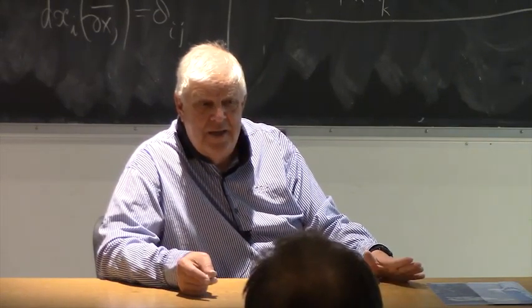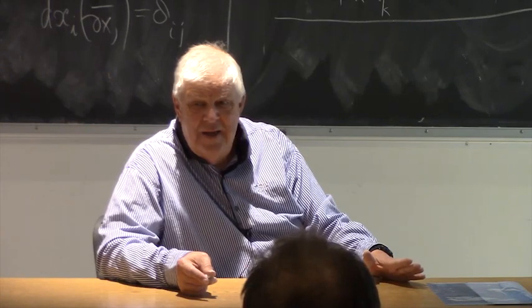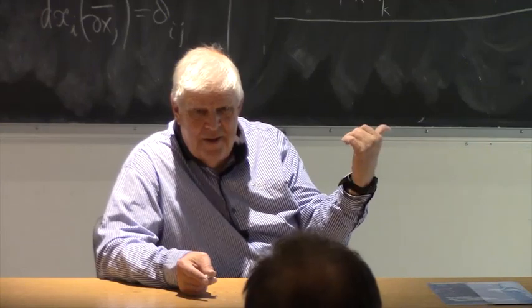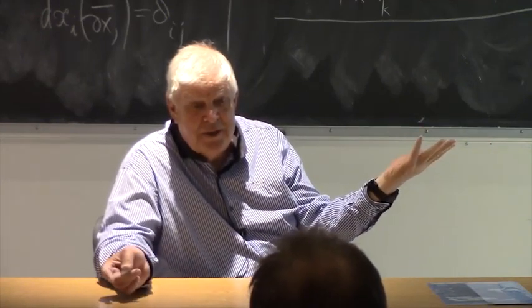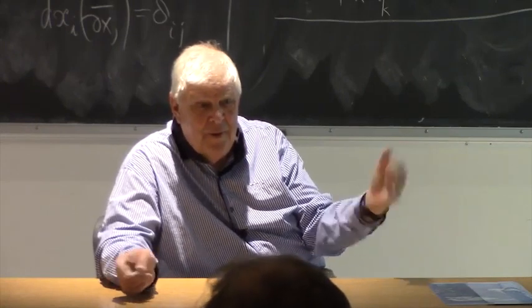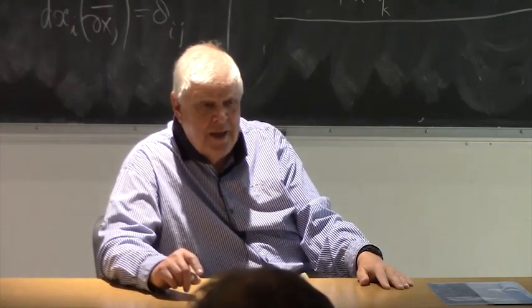Comments? How does this do? Is it clear? Differential form is this, p dx plus q dy. P and q are functions of x and y. P of x, y dx plus q of x, y dy.